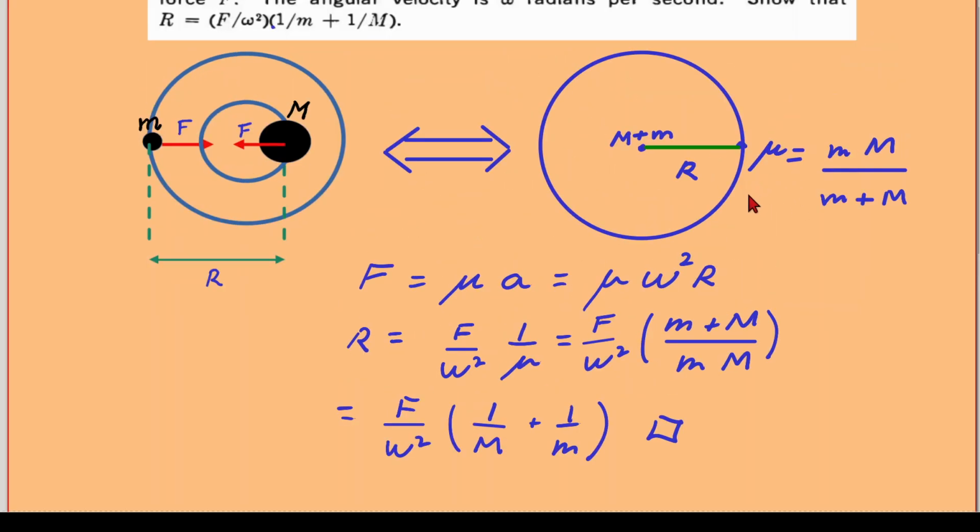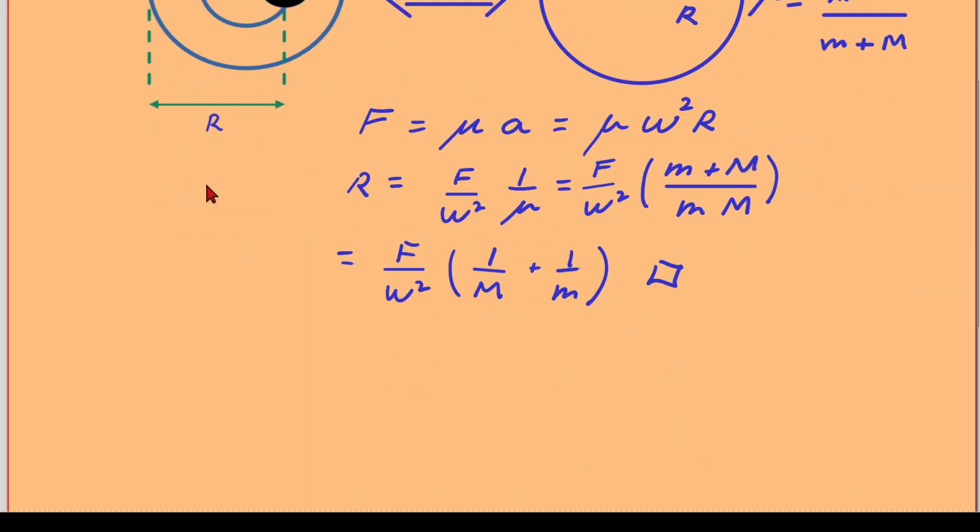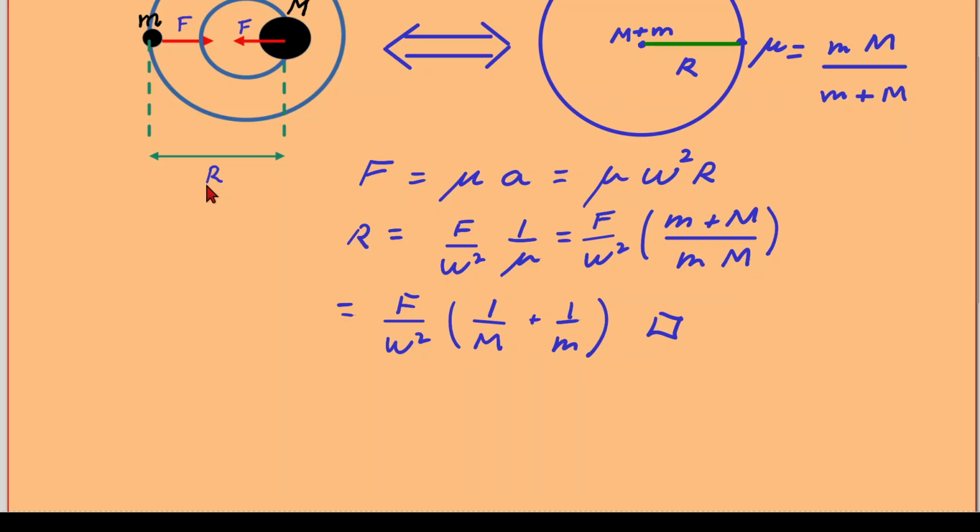But just to be sure, the force that I'm saying the reduced mass is feeling, is it really the same force like here? Okay, let's take a look. So what is the force in a gravitational problem?